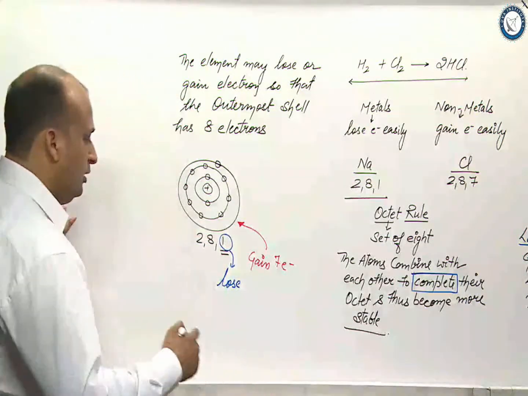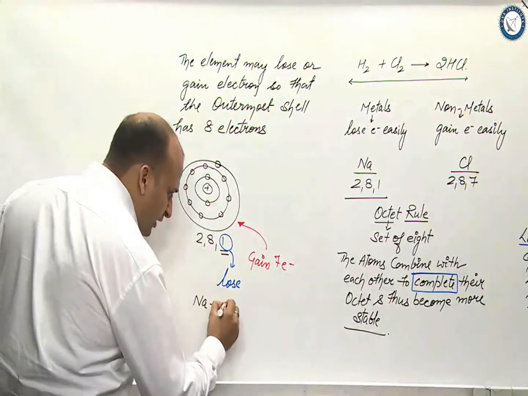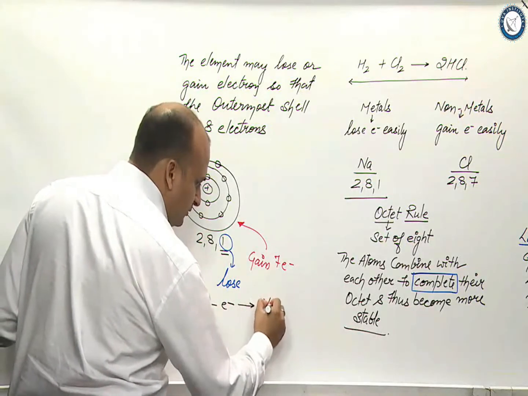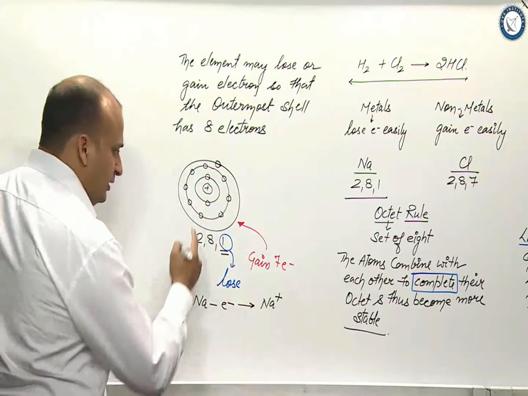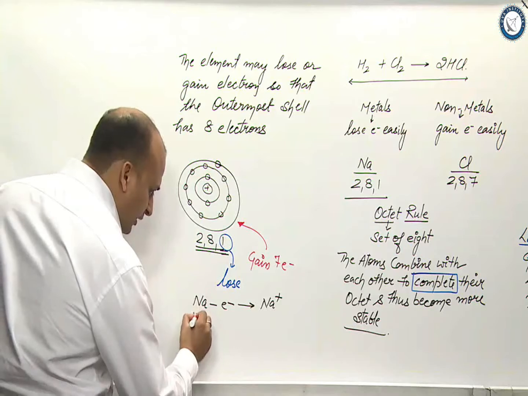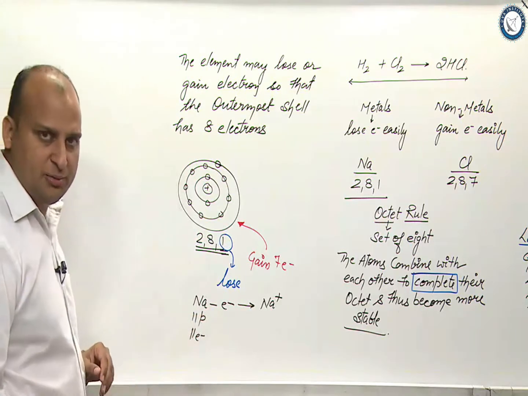अब देखिए, so if sodium is losing an electron, it forms Na plus. Now those people who do not know why it forms Na plus, see how many electrons are there? 11. There are 11 protons and 11 electrons that sodium has got.